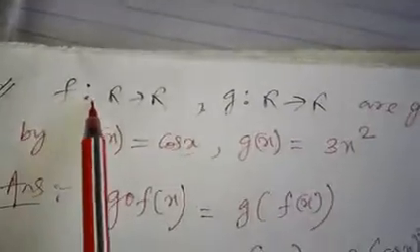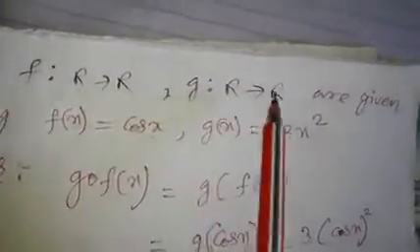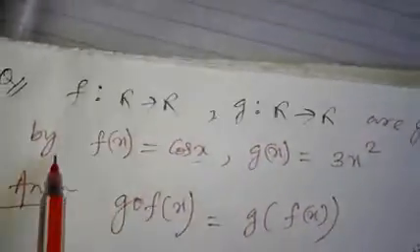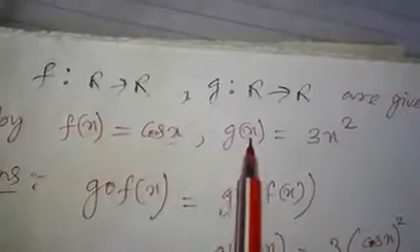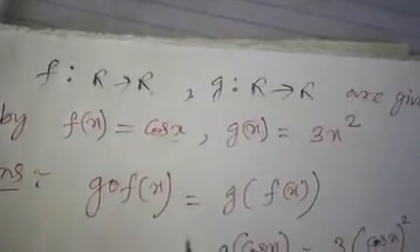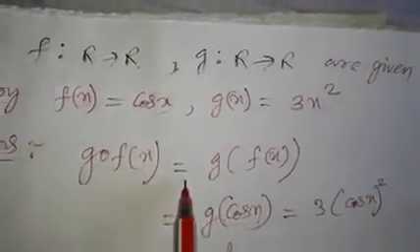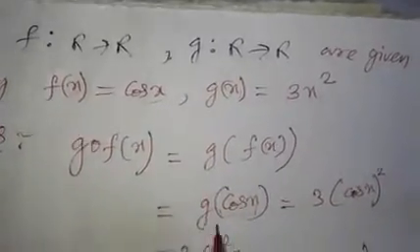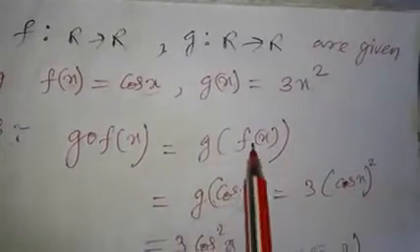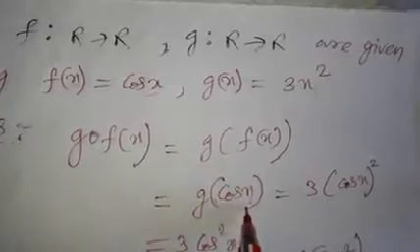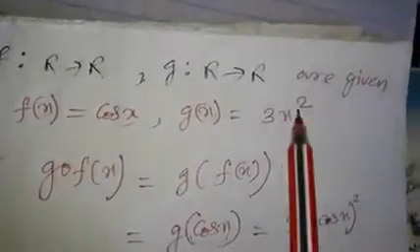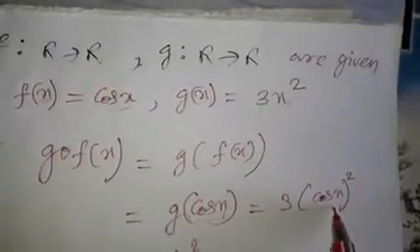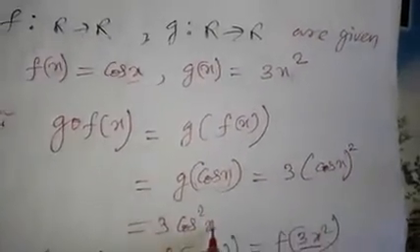Take another example. F from real to real, g from real to real are given by f of x is equal to cos x, g of x is equal to 3x square. So g o f of x is equal to g of cos x. In the place of f of x you put cos x, so in the place of x here you put cos x, similarly 3 cos square x.